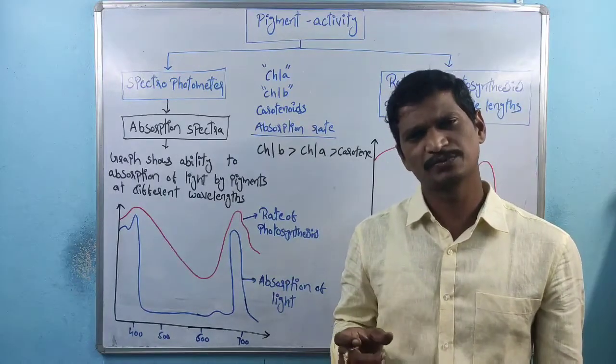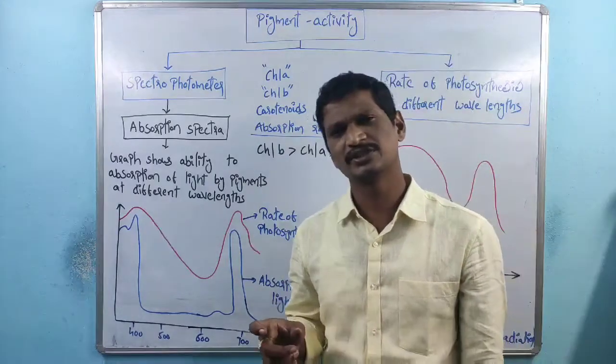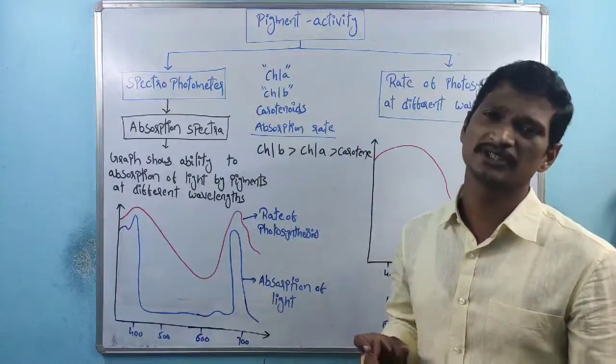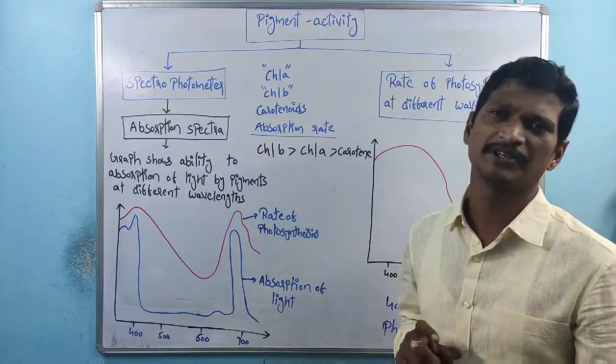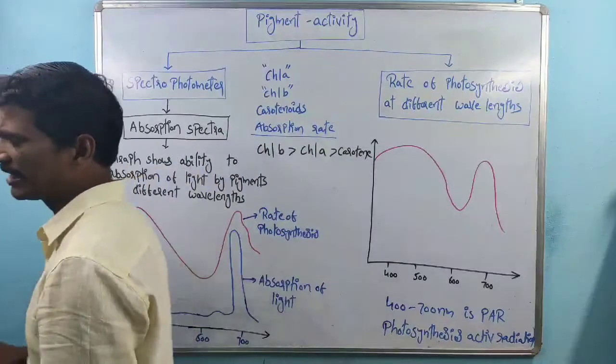Within the light source, different colors are there, and different absorptions are exhibited by the plant pigments. That's the reason this heading is given as pigment activity.